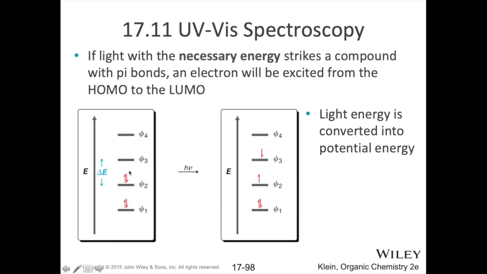Just to jog your memories, I talked about this a little bit earlier, but that's basically what causes a ground state to excited state transition, right? When we shine light on this, and the energy of our photon matches the energy gap between our HOMO and LUMO, that energy will cause one of these electrons to get bumped up here, and what was previously the LUMO is now the new HOMO.